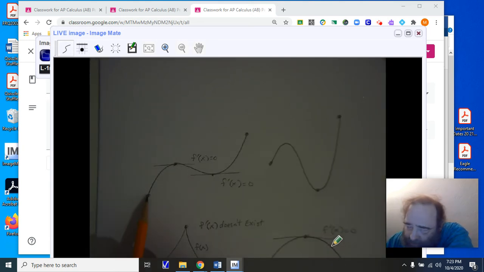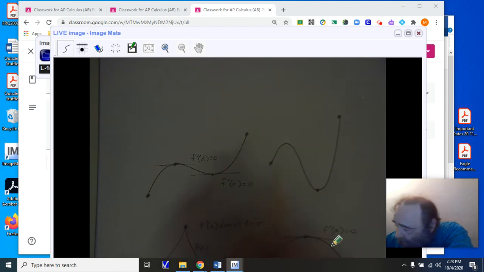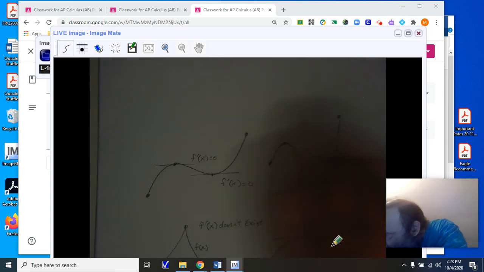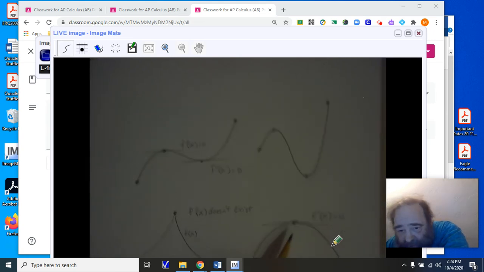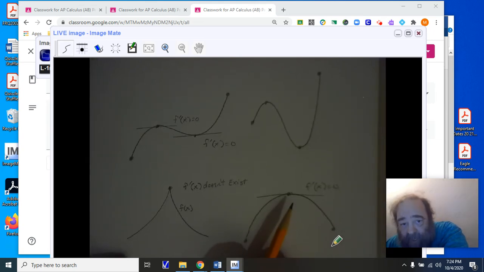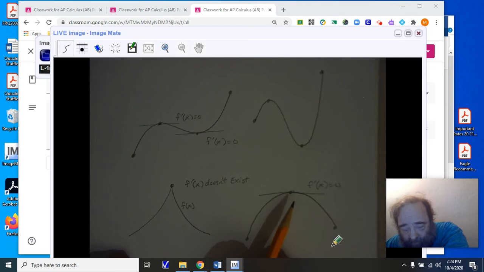Or are you looking at a situation where the absolute minimum is not the relative minimum? And the same goes with the absolute maximum. Here we have a relative maximum and an absolute maximum. Here we have a relative maximum and an absolute maximum. Here we have just an absolute maximum that is a relative maximum.